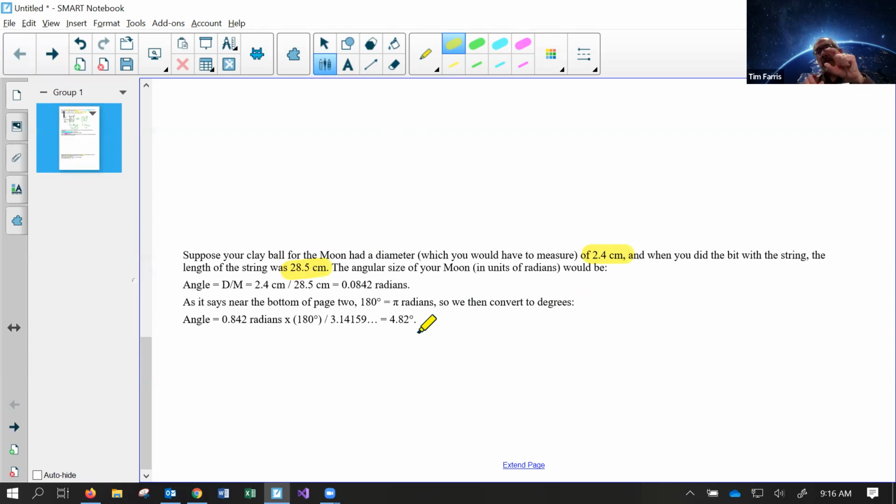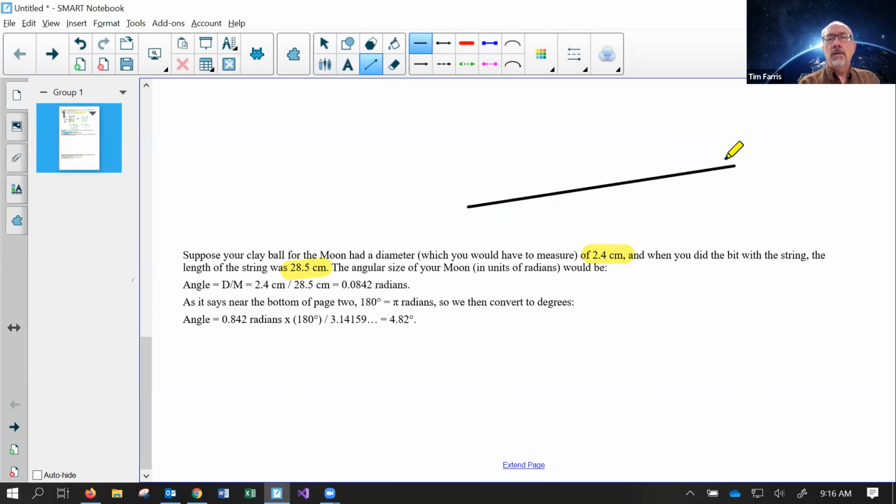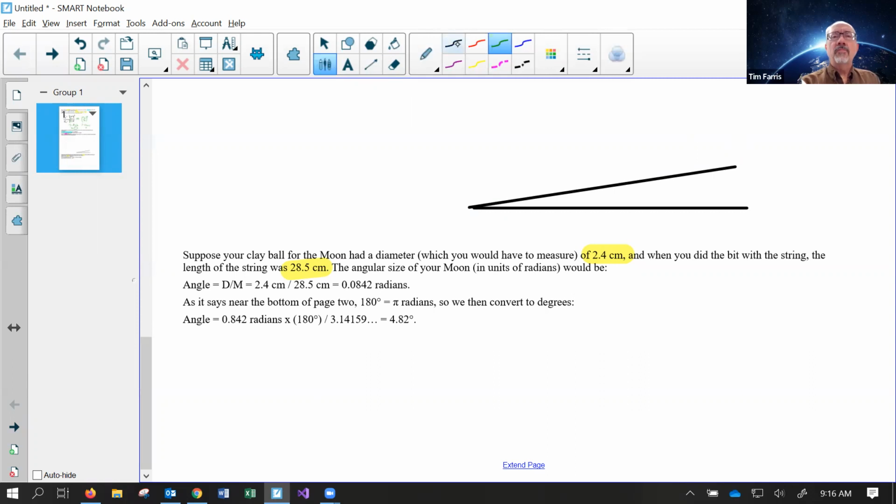So what we're trying to compare is how big the moon is to how far it is. And so what we're doing actually is we're looking at having a big triangle. Right? And so let's say for my model, I've got 2.4 centimeters for my diameter of the moon.